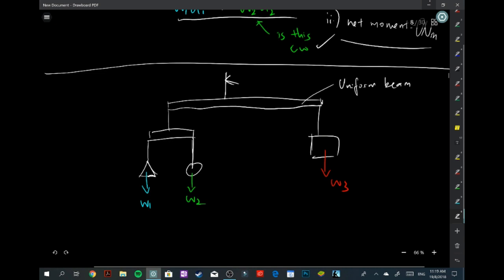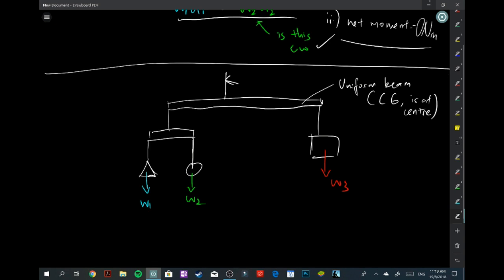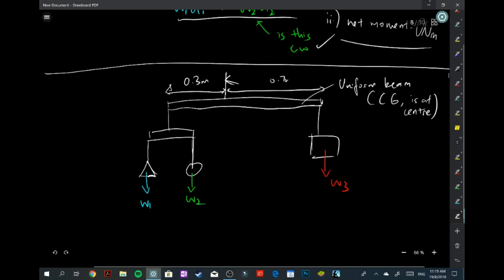Uniform beam means that the CG is at the center. If the question never mentioned that, they will give you where the weight is. But if the question mentions that it's a uniform beam, and you know that this is a 1 meter ruler, so let's say this is 0.3 meter and this is 0.7, then you can safely assume that they have not given you the weight and you are supposed to label it yourself.